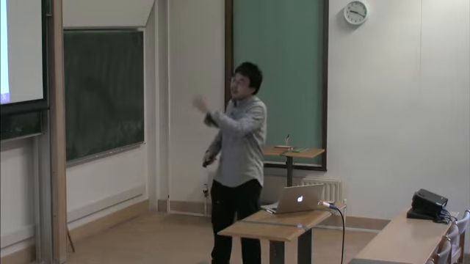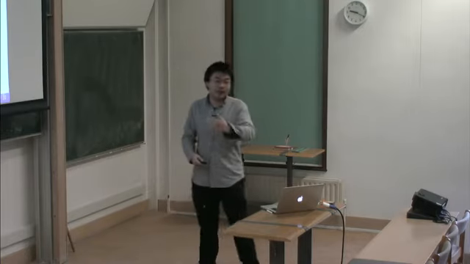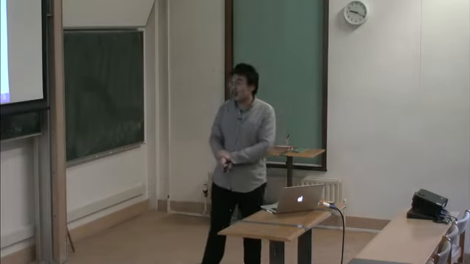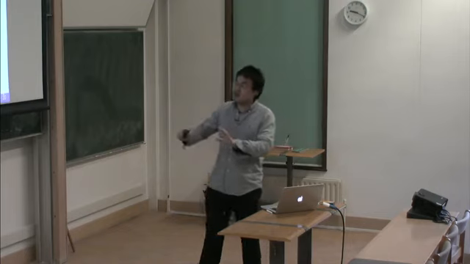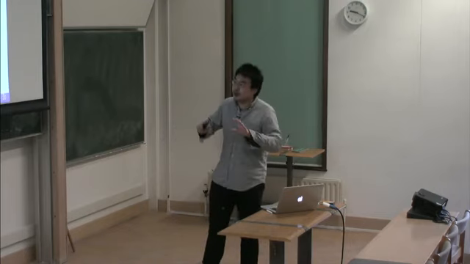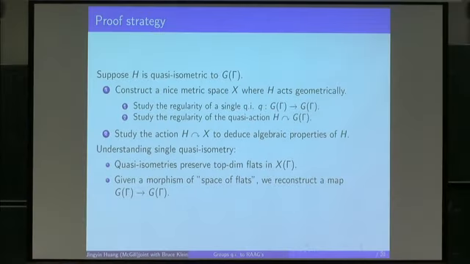By the first step, every quasi-symmetry induces an isomorphism of this space of flats. Now that we have this isomorphism, we want to reconstruct a map from G of gamma to itself to deduce some rigidity property of this RAAG.